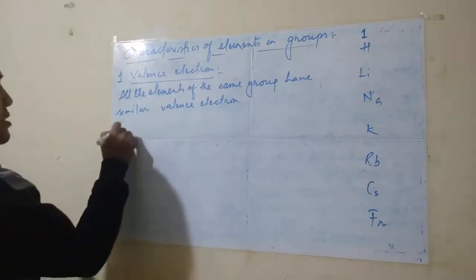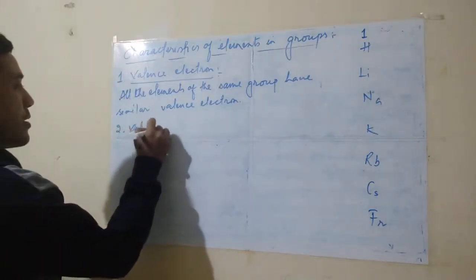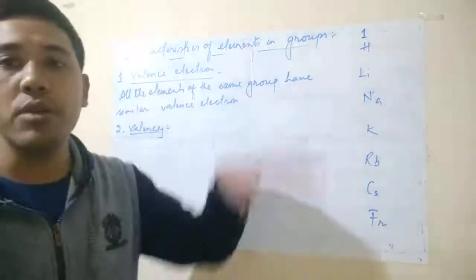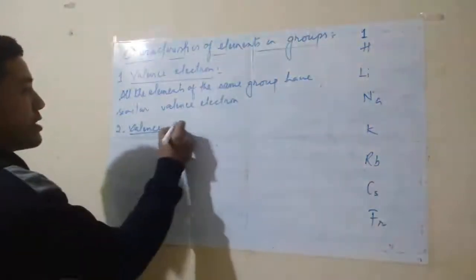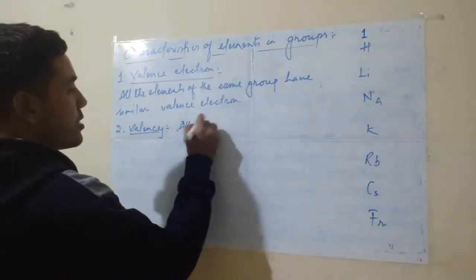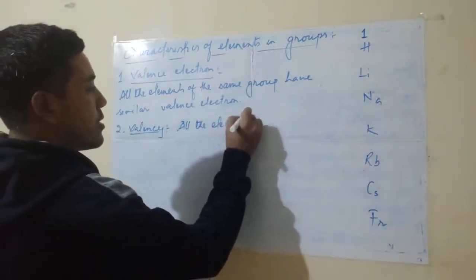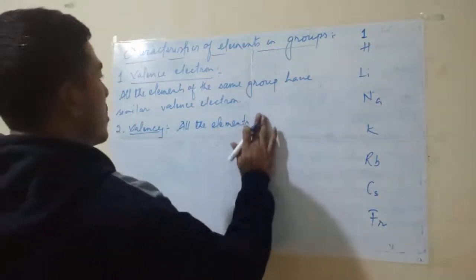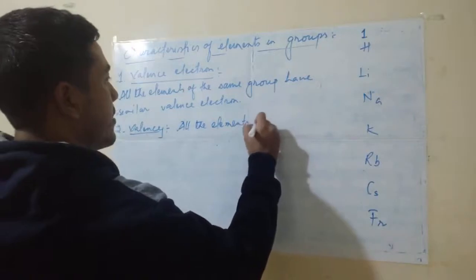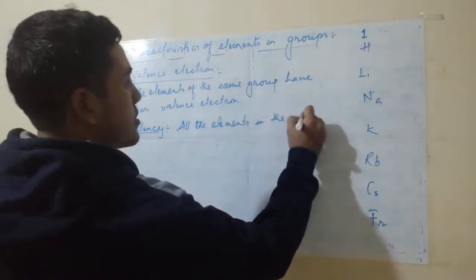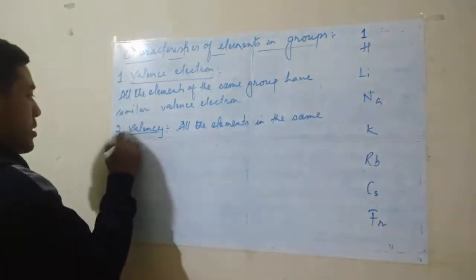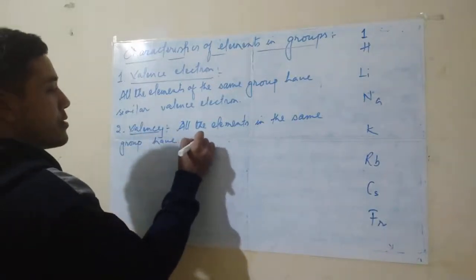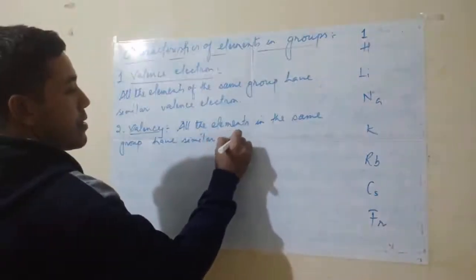Next, number 2, valency. We all know that if the valence electron is similar, then the valency will also be similar. Look here, all the elements in the same group have similar valency.